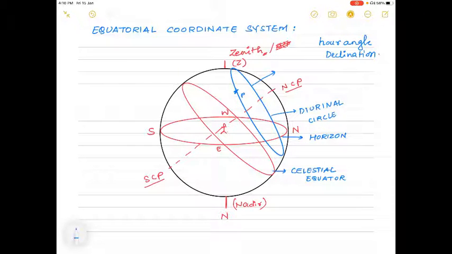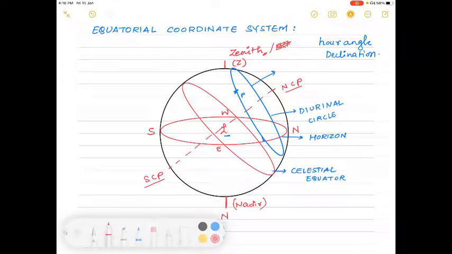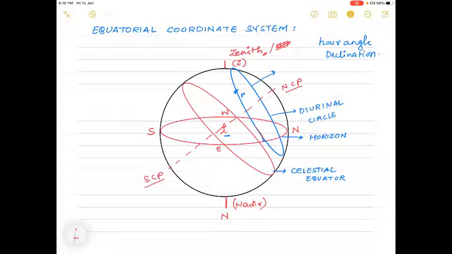If you see this from the perspective of this observer, the star is said to be rising when it is rising from the horizon, from east to west. So it is following this path to rise, from east to west.